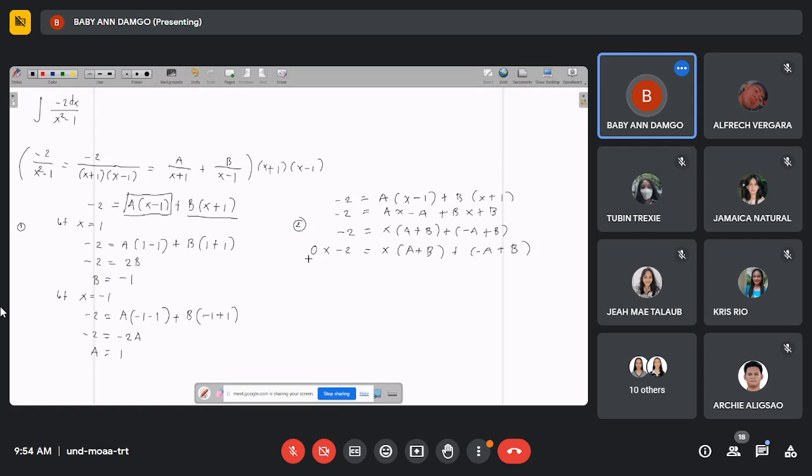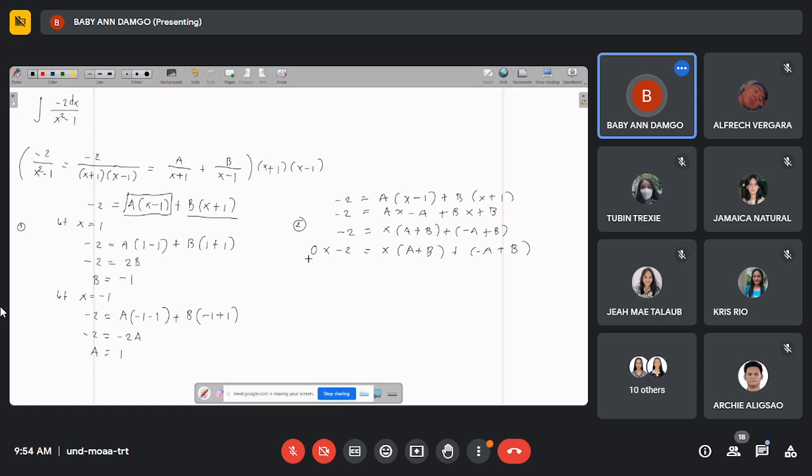So b is negative 1. Then we have a plus b is equal to 0. To solve a, transpose the b, so this is negative b, and substitute the value of b, which is negative 1. So a here is equal to 1.